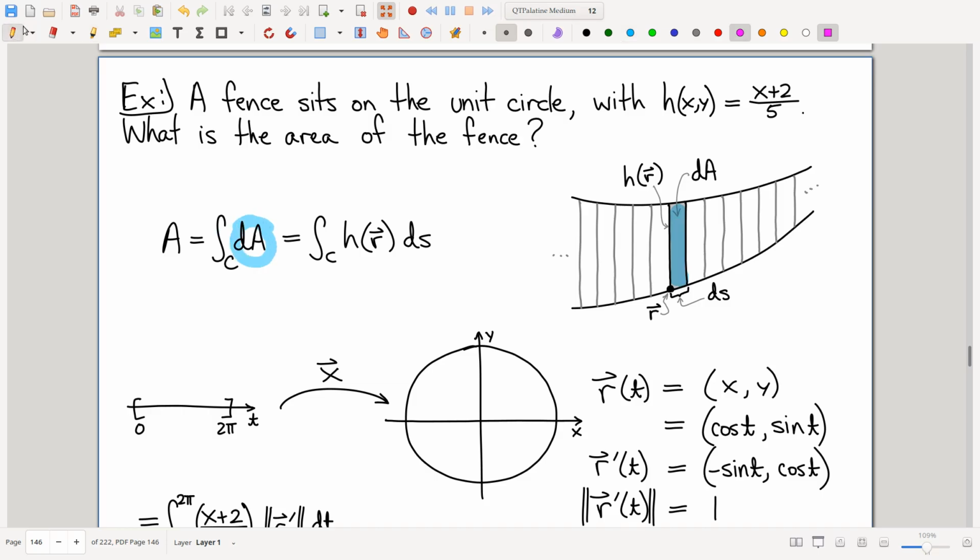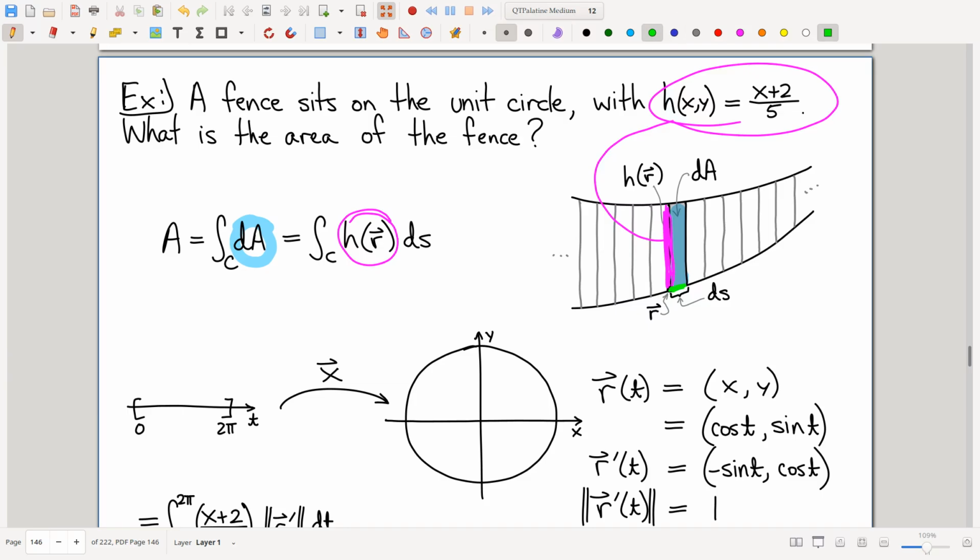I can compute that pretty explicitly as height at that location, which of course I'm given, times, let's see here, color choices. I'll use green here.